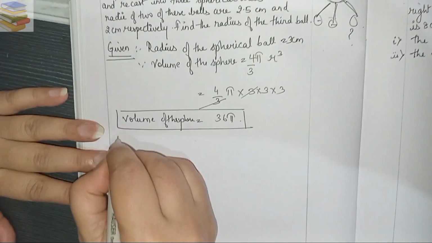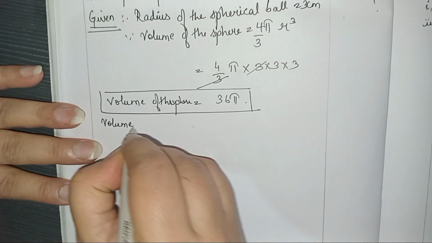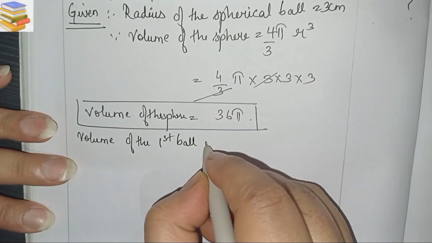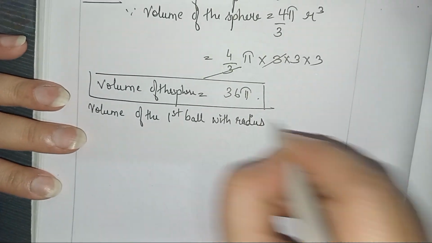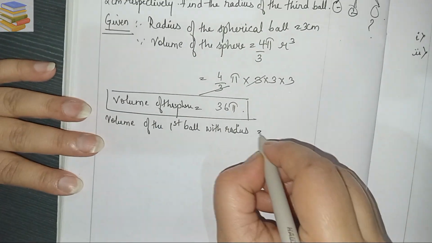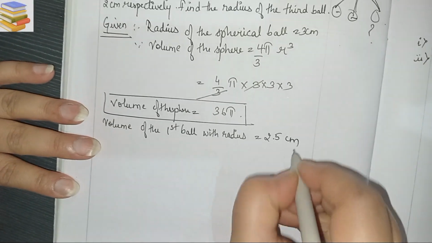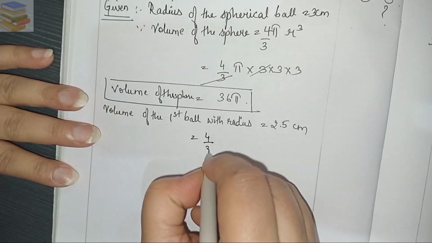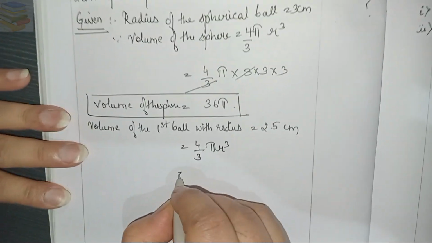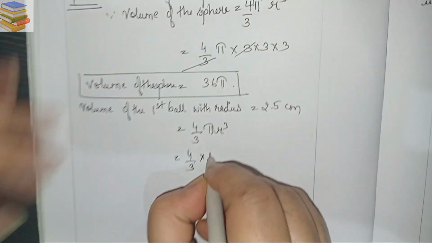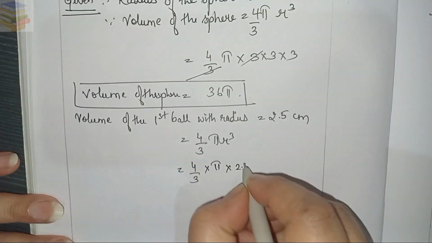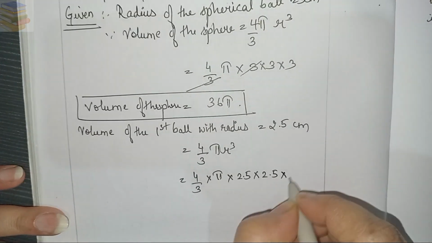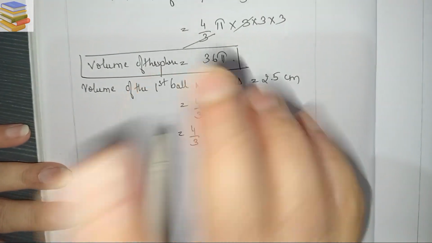Volume of the first ball with radius is equal to 2.5 centimeters. Find it: is equal to 4/3 pi r cube, 4/3 pi into 2.5 into 2.5 into 2.5.